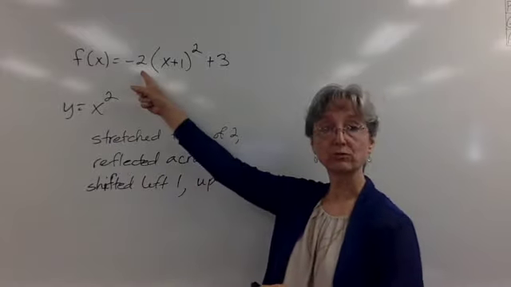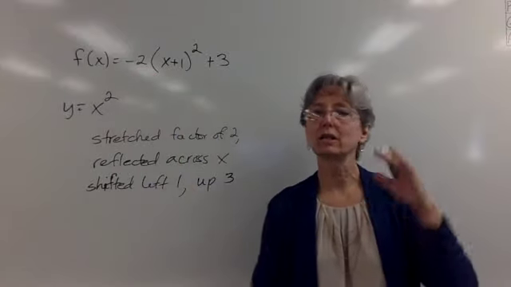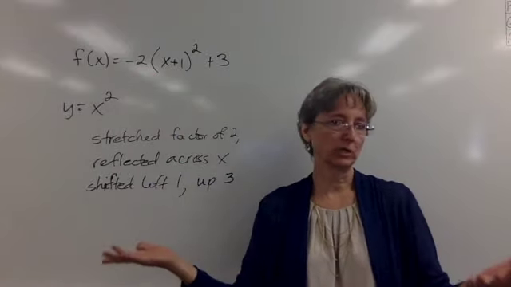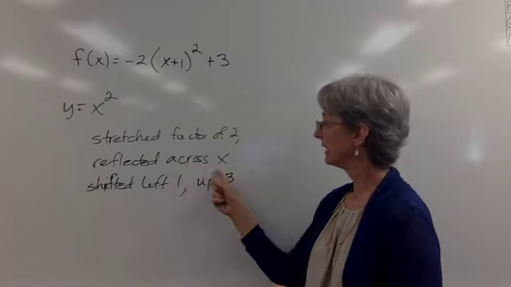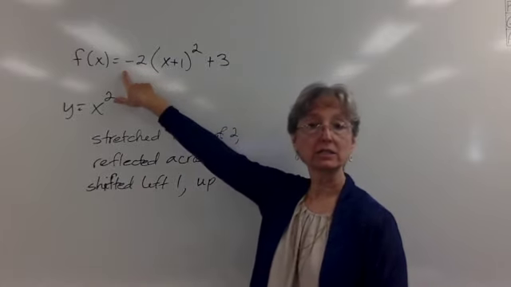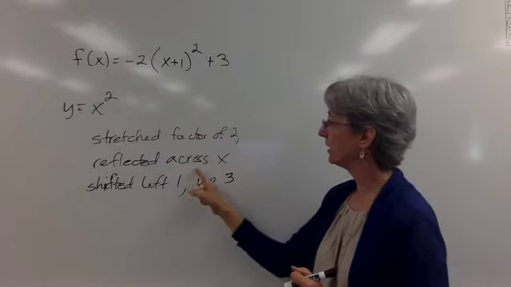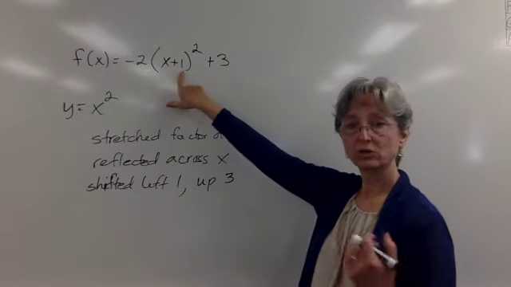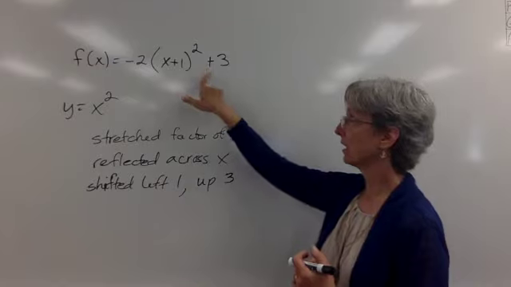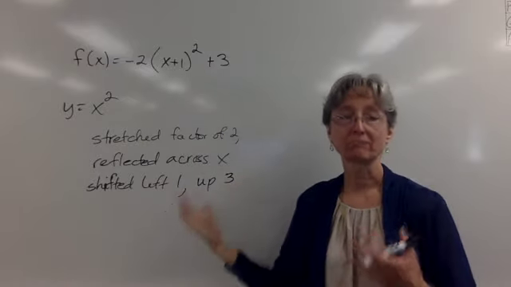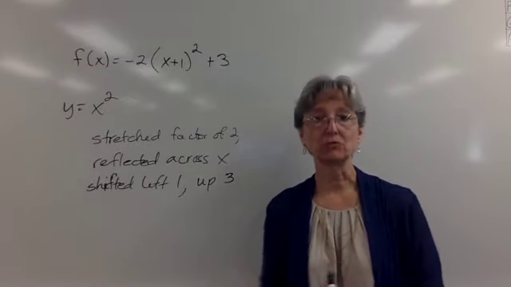Stretched by a factor of 2. If it's less than 1, you would say compressed by a factor of 1/2 or whatever. Reflected across the x-axis because it's negative. If there was no negative, it would not have been reflected. Then shifted or translated left or right, up or down, how many units, and you have listed all the transformations.